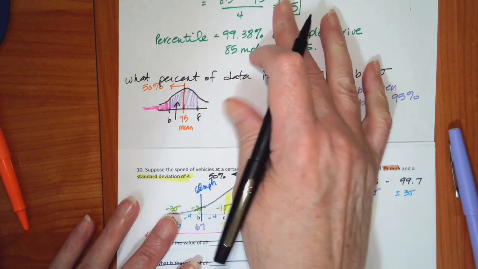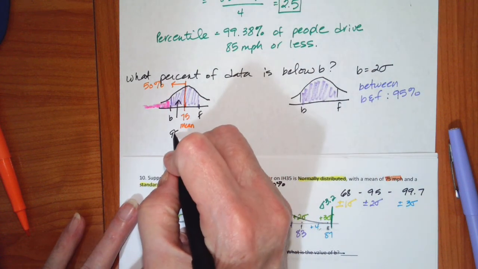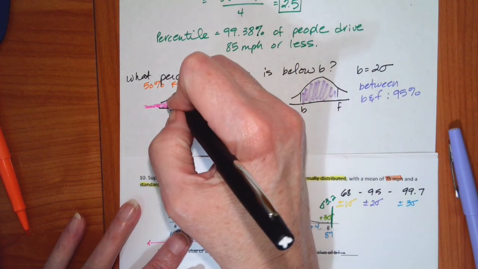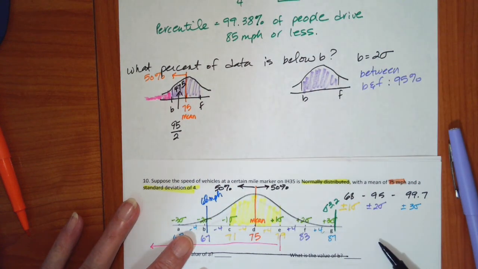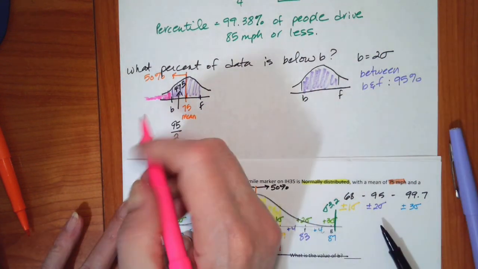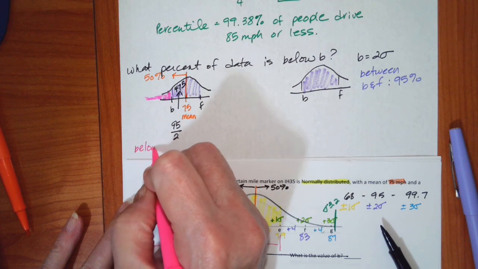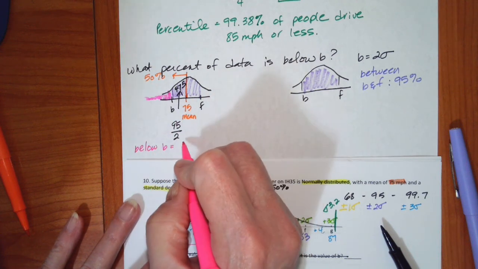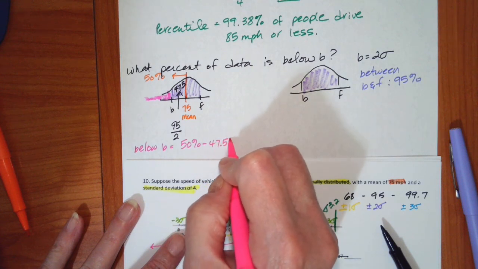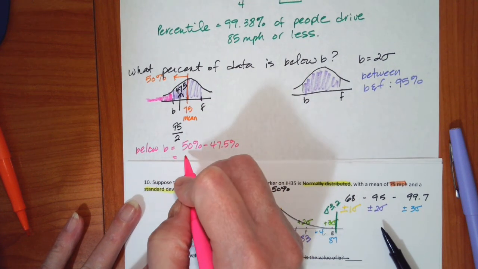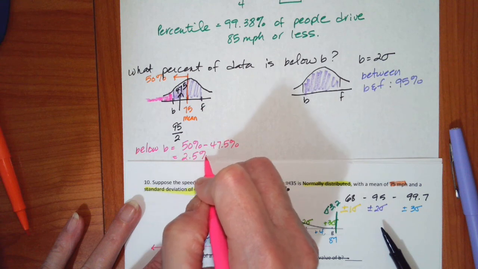I know this in here is 95 divided by 2, so this is 47.5%. So I know below B is 50% minus the 47.5%, which is 2.5%.